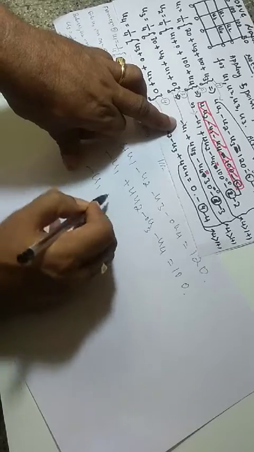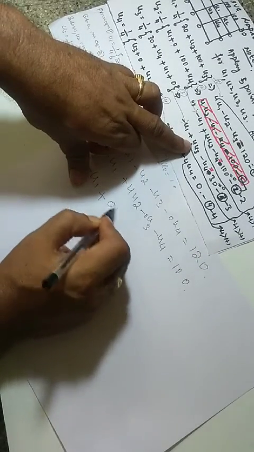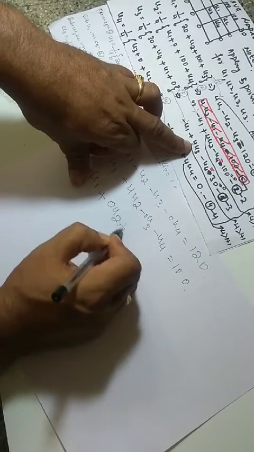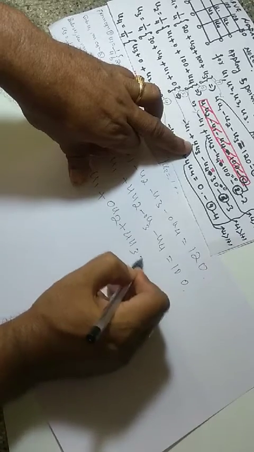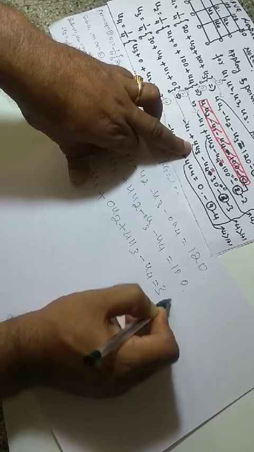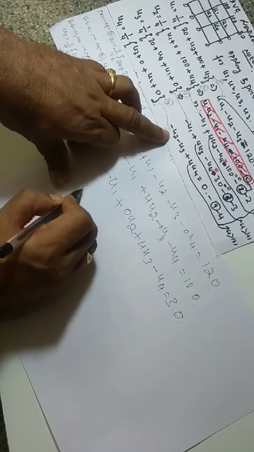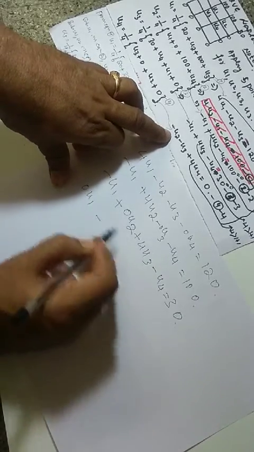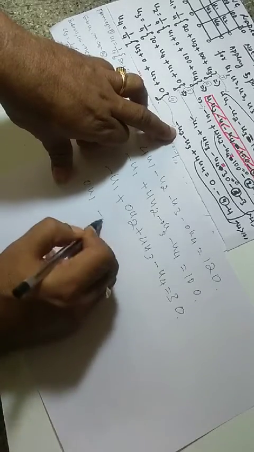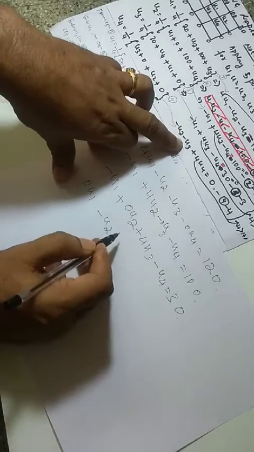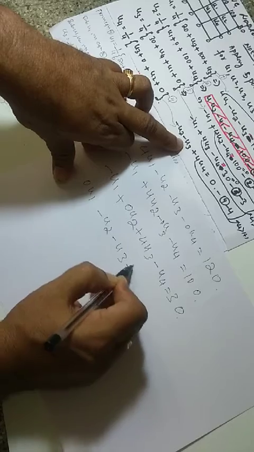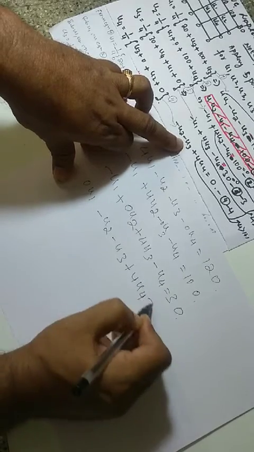Next, minus u1, u2 is not here, so therefore 0 u2 plus 4u3 minus u4, that is equal to 30. Similarly, the fourth equation: 0 u1, minus u2 minus u3 plus 4u4, that is equal to 0. These are the equations I got.